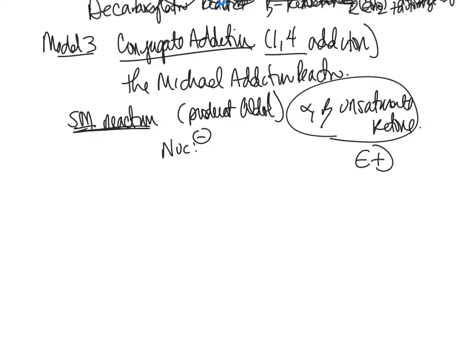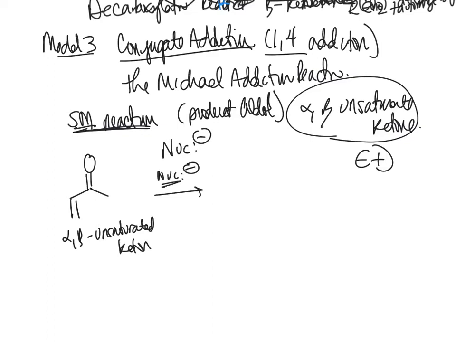So let's look at this. Alpha, beta unsaturated ketone. And then you add a nucleophile. And notice the nucleophile has added at the beta position.